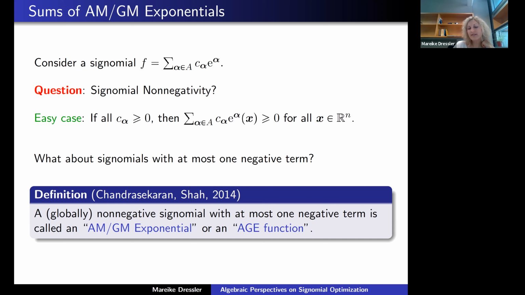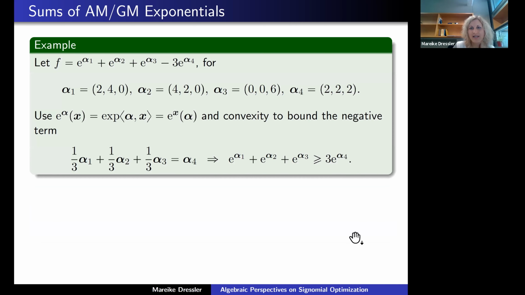It turns out that using a convex strong duality argument, we can handle this situation very well, and it can be accomplished efficiently. So let's take a look at an example. Here we have a Signomial with at most one negative term. We have exactly one negative term here. And the exponent vectors shall be given like so.